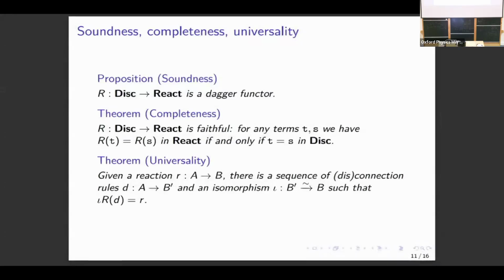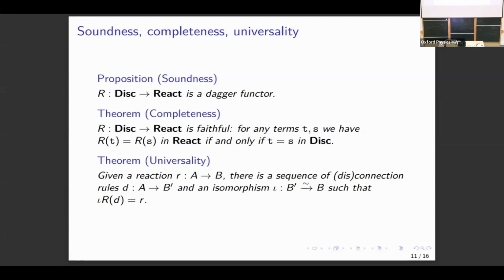And we have the universality result, which is this almost fullness. Well, almost in what sense? If we have a reaction, then there's always a sequence of disconnection rules starting from A, but not necessarily ending in B. Because remember, the disconnection rules can never change the names of vertices in A. From a chemist's point of view it's a bit silly, but I guess we want to be precise here.